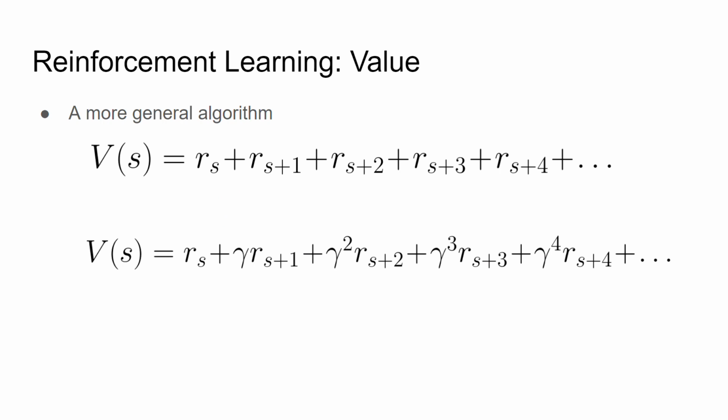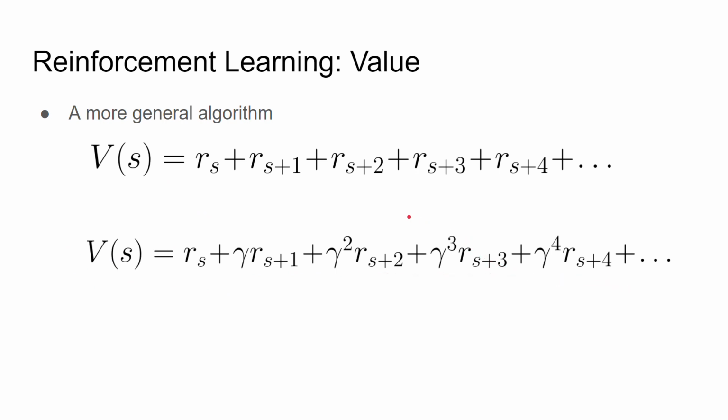Okay, fine. How does this help us? Well, there's a neat thing you can do to this equation. In particular, this equation, the value at the current state, is the sum of all the future rewards. The value at my next state, so v at s plus 1, is also going to be the total sum of my future rewards.